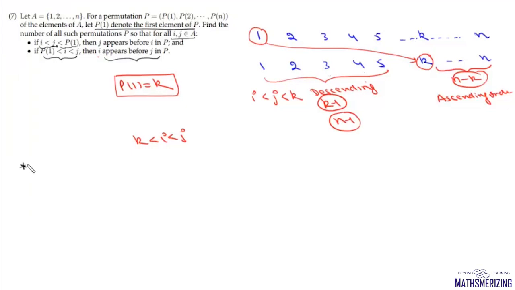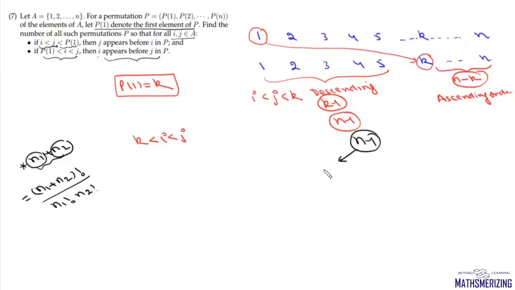Here the simple fundamental is, suppose we have n1 plus n2 objects, then the number of arrangements of n1 plus n2 such that the order of n1 should not change and the order of n2 should not change is given by factorial n1 plus n2 upon factorial n1 and factorial n2. So we have to arrange these n minus 1 numbers in such a way that the order of k minus 1 numbers should not change, they should appear in descending order, and the order of n minus k numbers should not change.